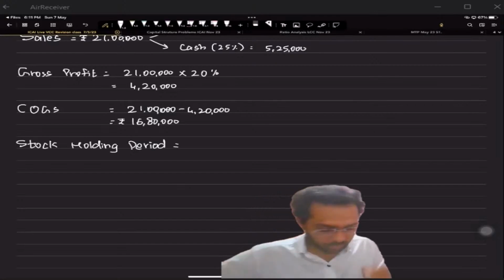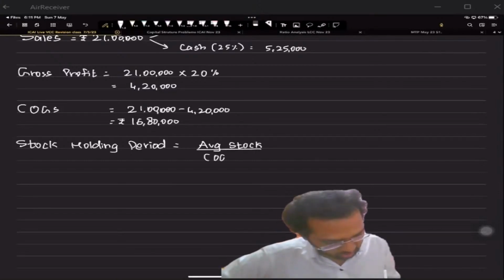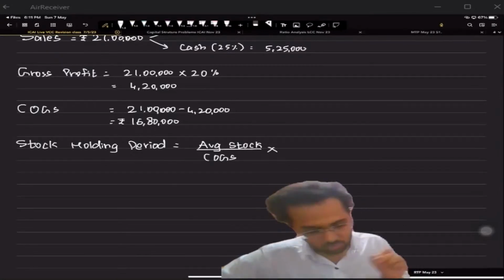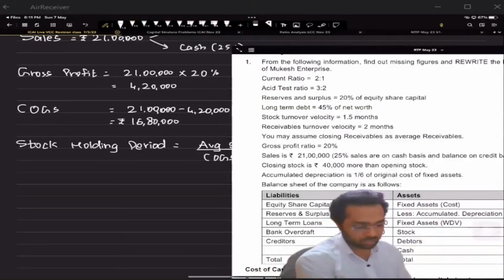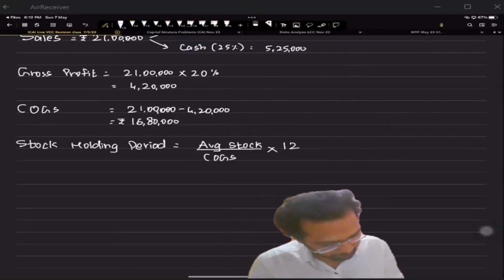We know stock holding period is average stock upon COGS into what is the parameter on which it is measured, in terms of months. So stock turnover is 1.5 months, into 12.